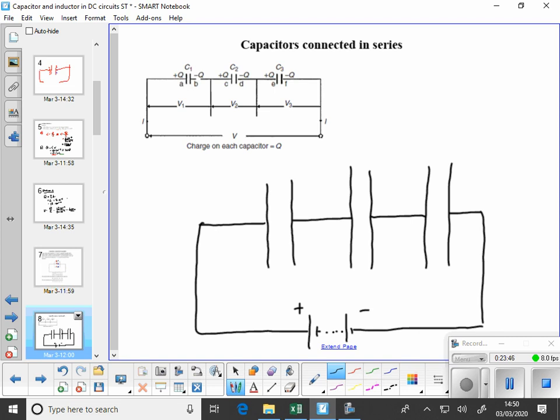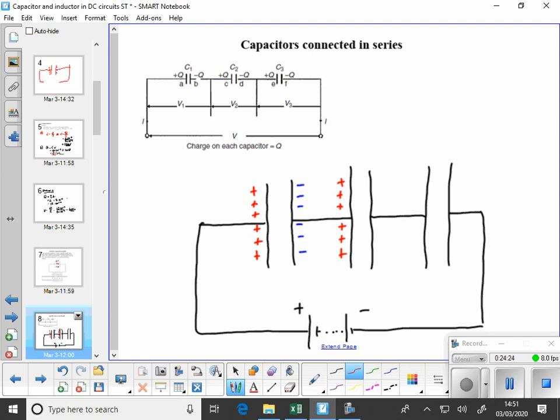Now, if we think of this plate here on the outside becoming charged up with positive charges, what that's going to do, down through this conductor here, is going to draw electrons of equal number from that plate, which is going to leave this plate positively charged.